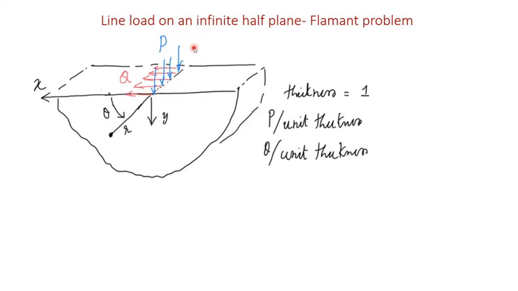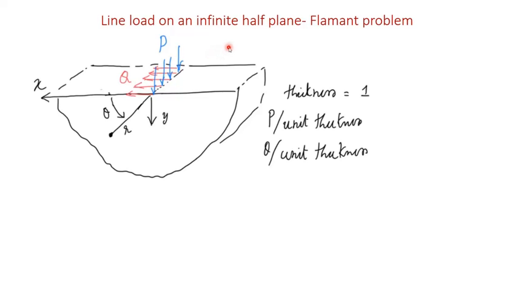We have one line load P per unit thickness acting along the y-axis on this xz surface, and another line load Q per unit thickness acting along the x-axis, again on the xz surface.